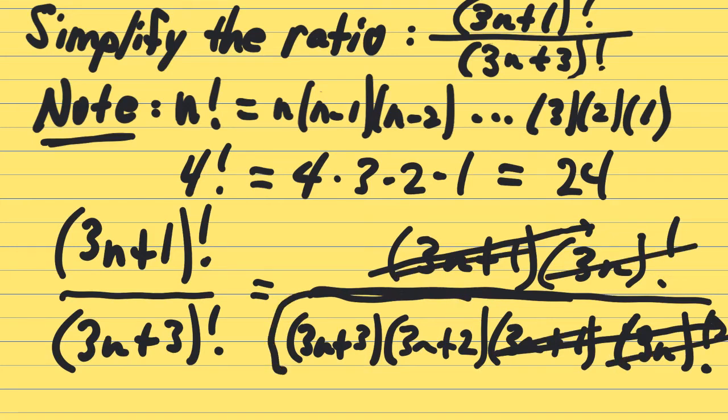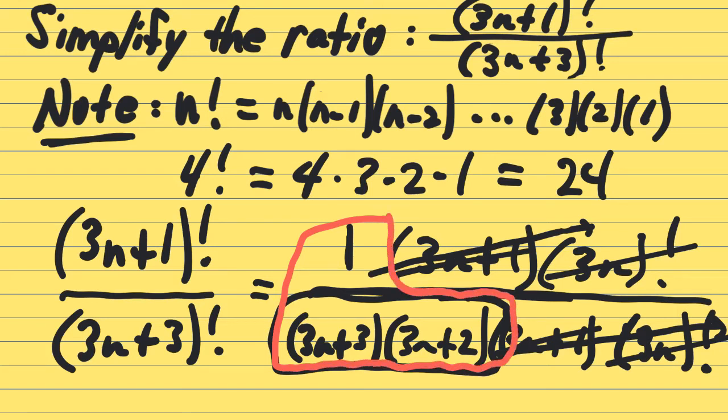The upper terms remain, and since our numerator canceled all the way out, there's an understood 1. So this would be our simplified ratio right there.